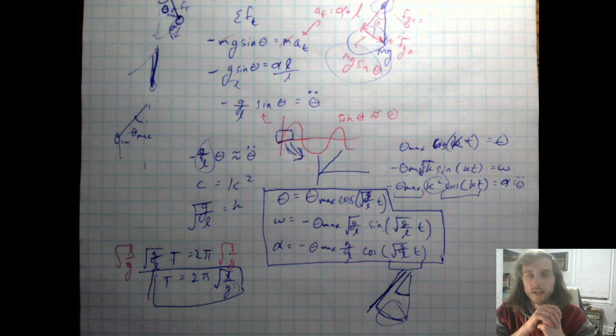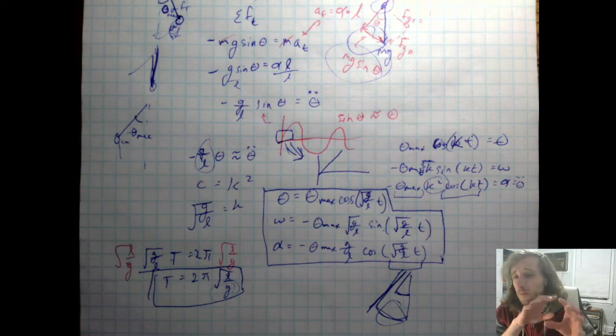And when you do that, you'll mostly just be swapping out the theta for x and the theta max for x max. But in particular for x, it's not going to be x. It's going to be arc length, which is super weird.